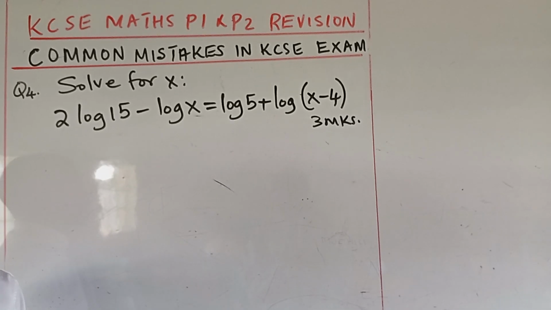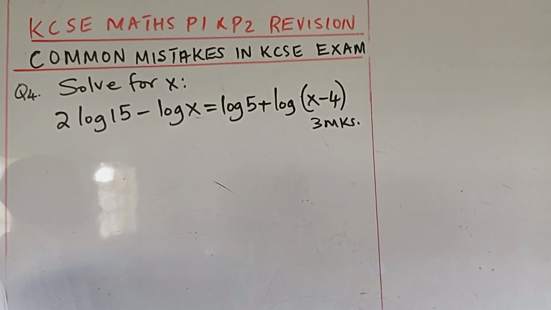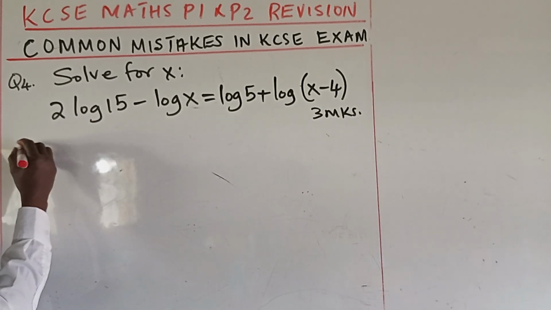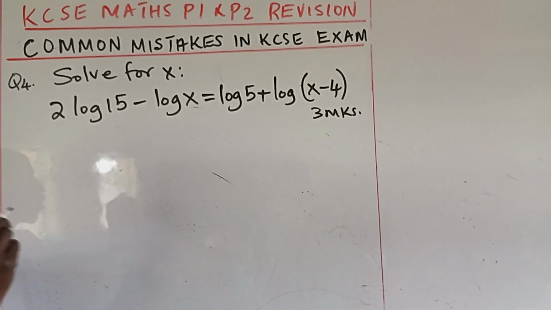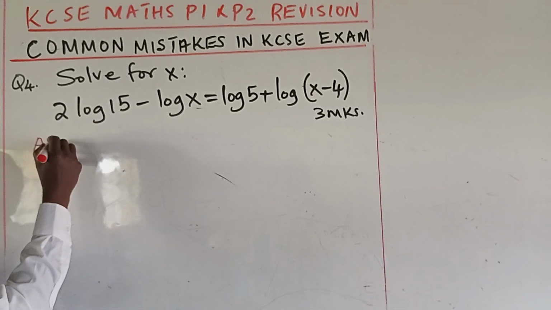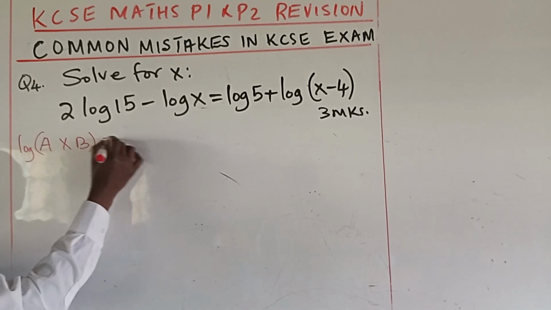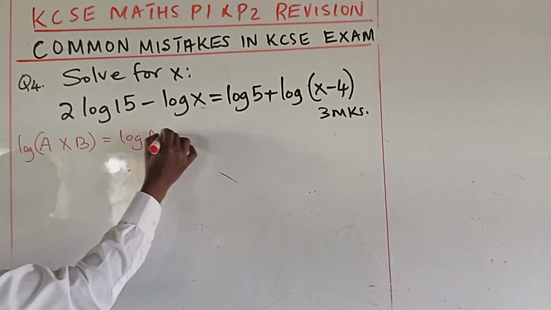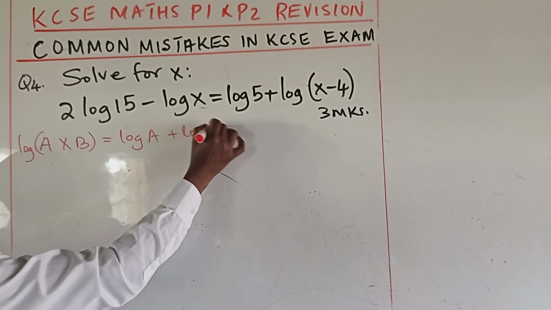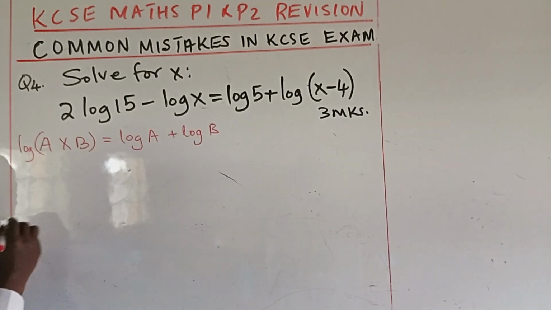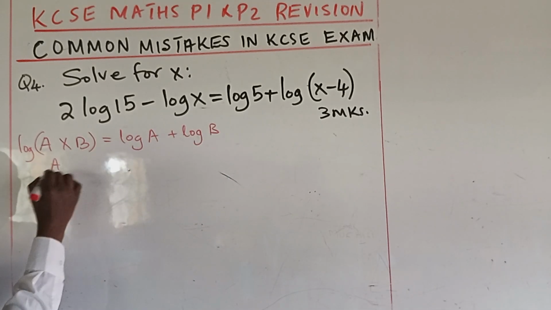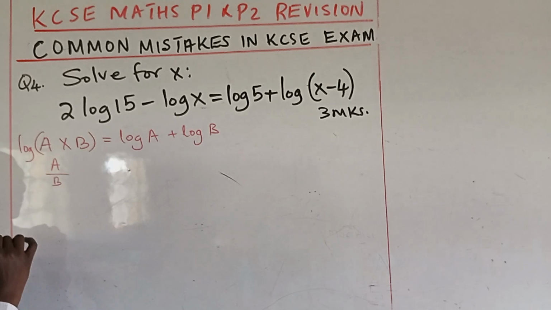If we can review very quickly, the various rules of logarithms say that where we have numbers multiplying, if you have a multiplied by b, the logarithm of that will be the log of a added to the log of b. In the second law, we have a divided by b.